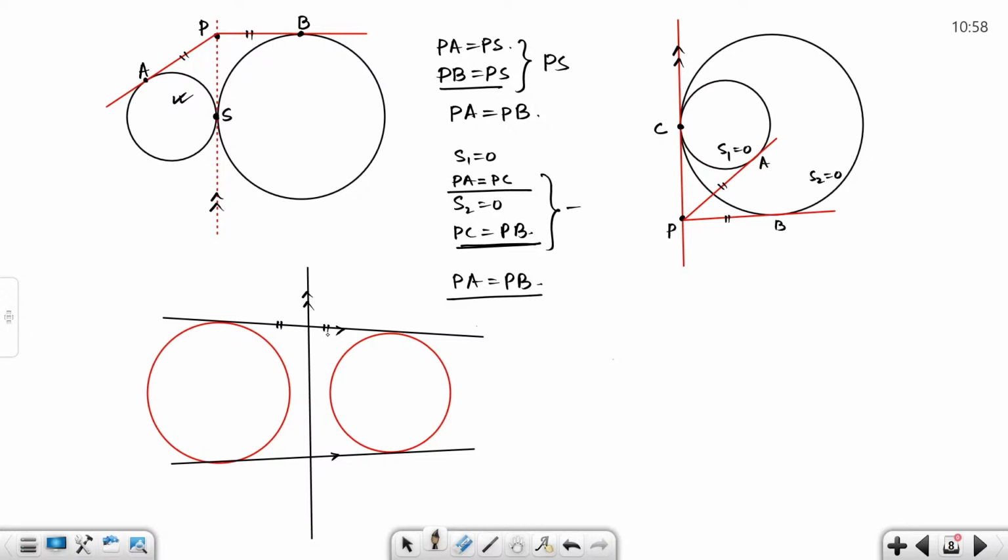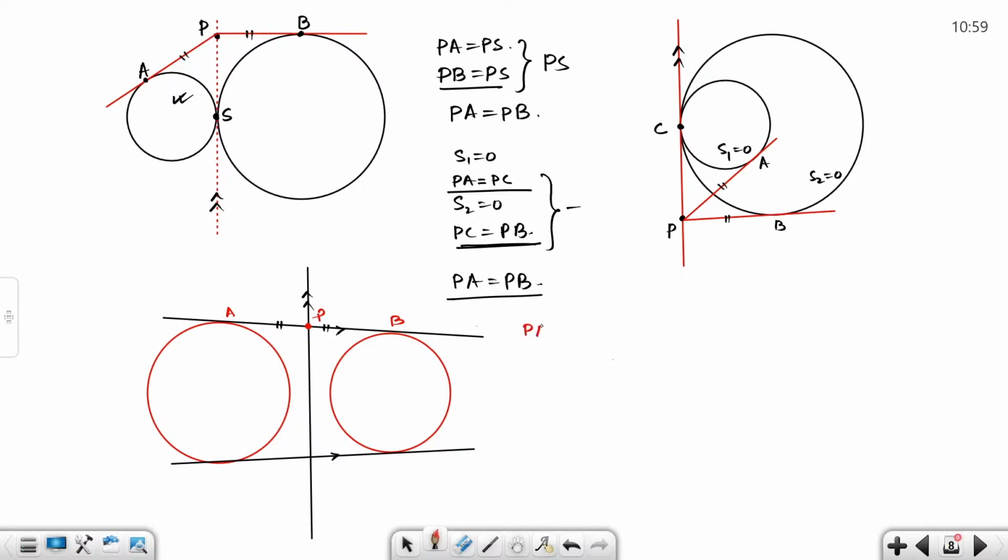It's pretty simple to prove. We know that for any point you choose on the radical axis, the lengths of the tangents drawn from that point to the two given circles are the same. So this is my one tangent, PA, and PB is my other tangent.